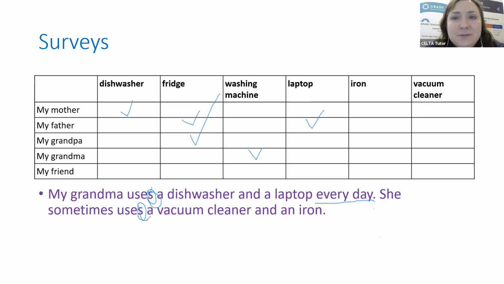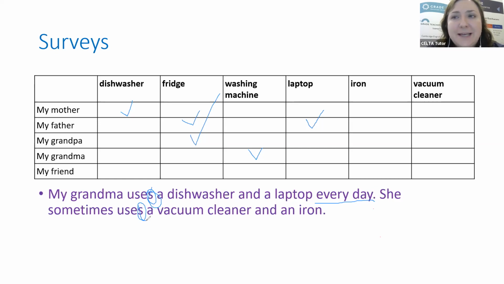Also, what you could do is ask your students to conduct interviews at home, tick the people, and then teach them to work in pairs and find matches. So you read about your grandma, like for example, Alex is reading about his grandma.